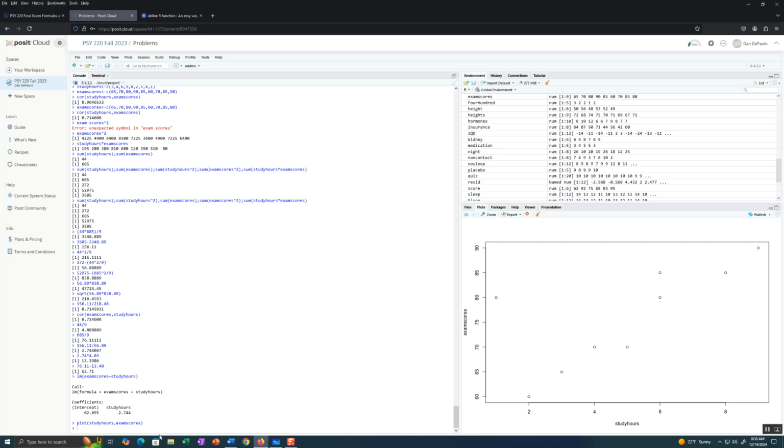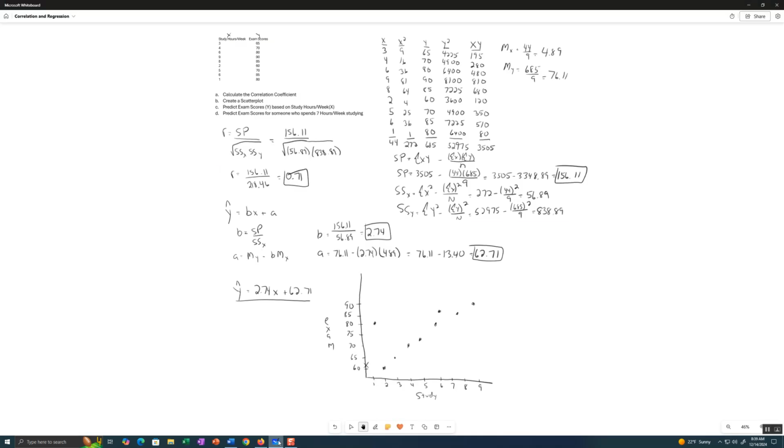So 2.74 times 8, plus the y-intercept, which here is 62.71.